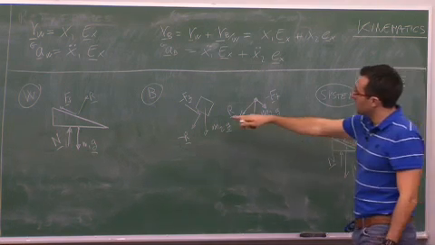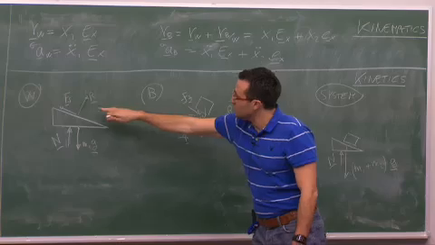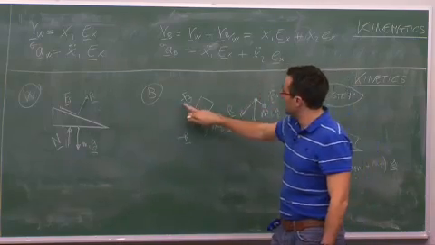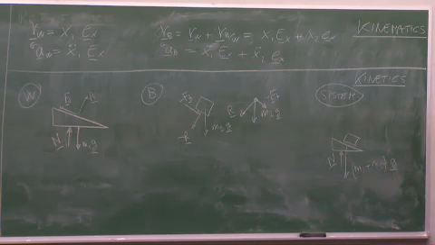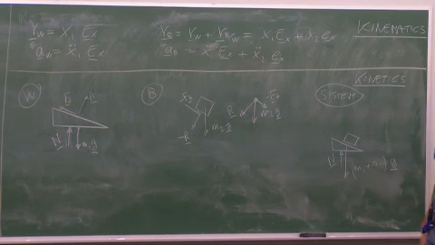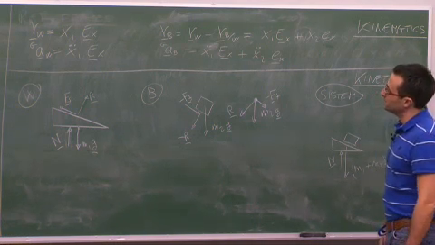Because guess what? I took into account the internal forces the right way, so when you add them together, from the system's perspective, they are canceling each other, which is exactly what I assumed when I derived my F equal ma of the center of mass.